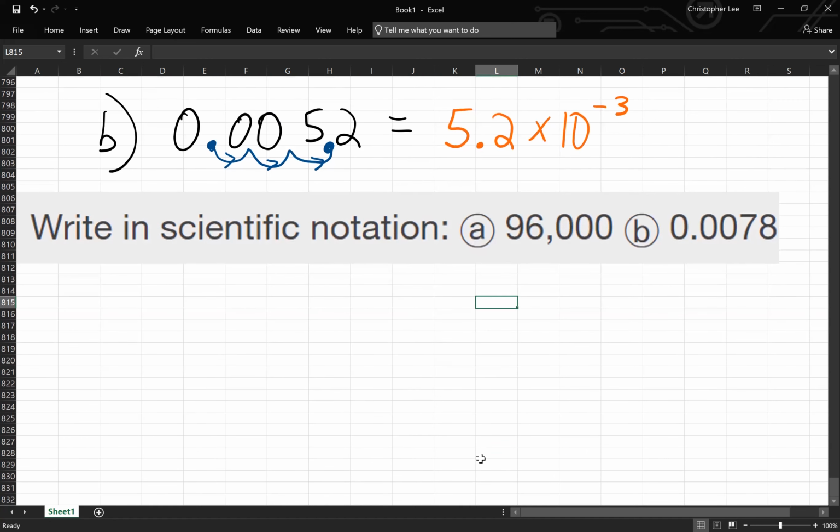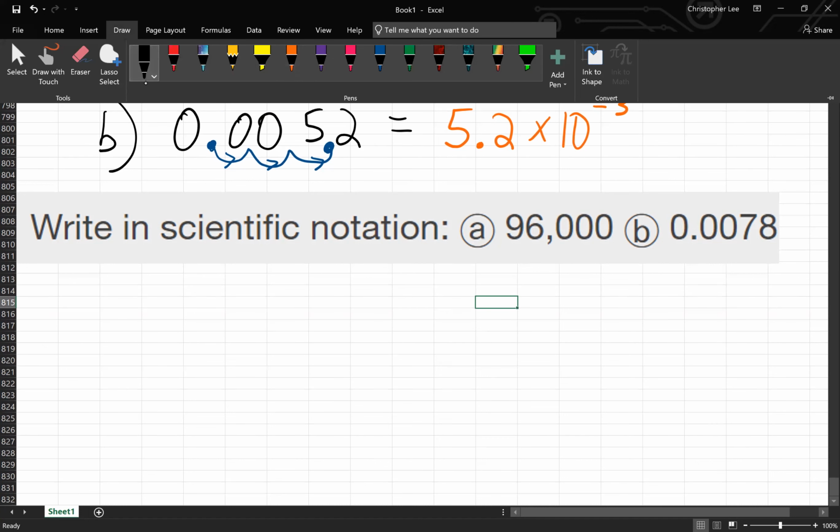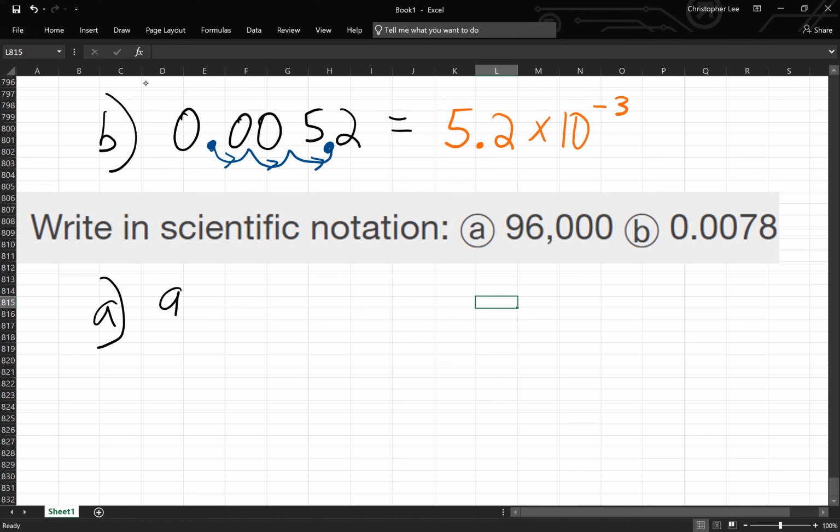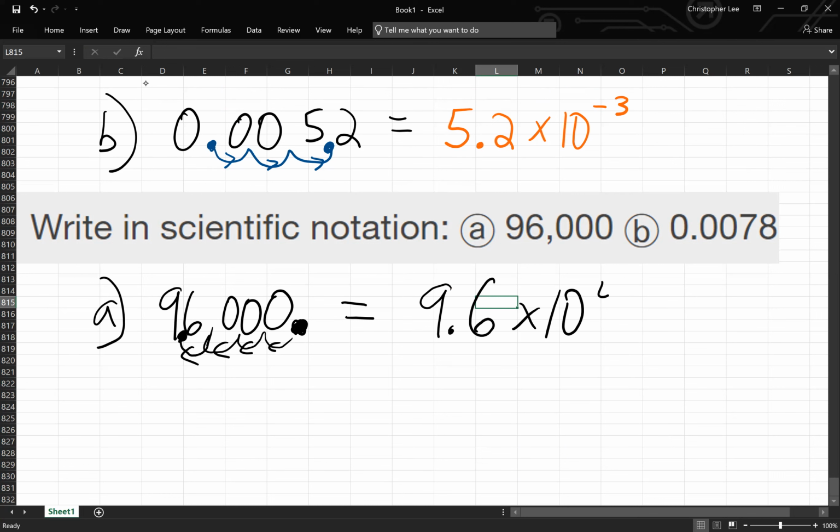All right, let's take a look. So the A, I got 96,000. Decimal point is right here. I'm going to write that in scientific notation. So I'll move this over 1, 2, 3, and then 4, this way. So this becomes 9.6 times 10 to the 4th.